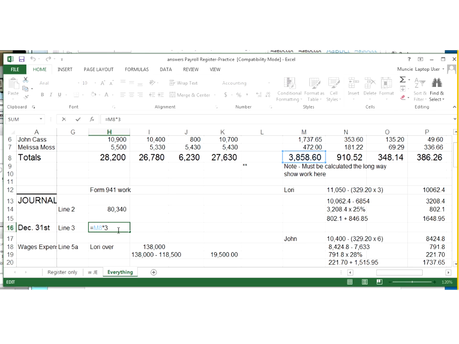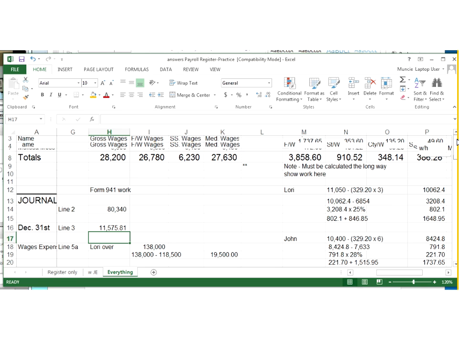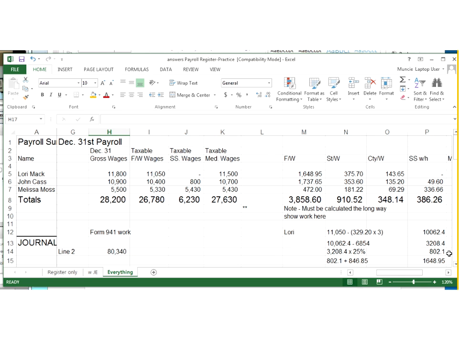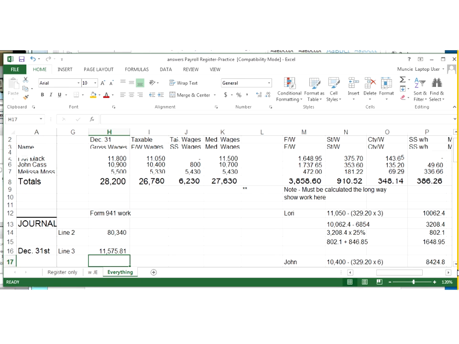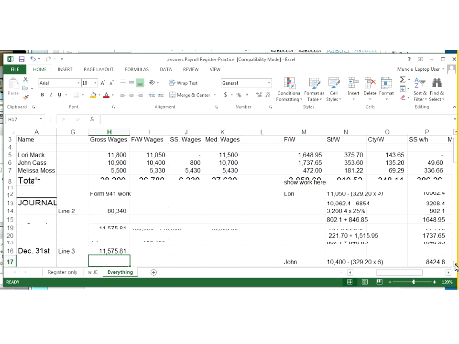Now, where it gets to be a little bit more difficult is when we get down to line 5 and looking at what's taxable for Social Security. We can determine from the wages that Lori is over the cap.